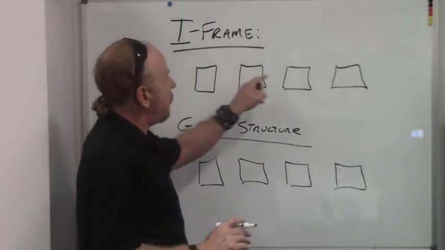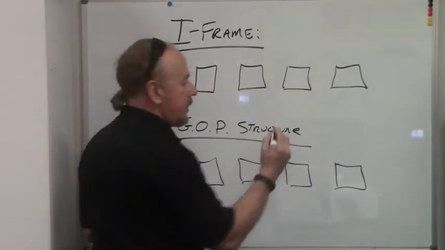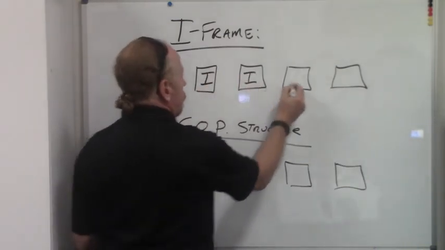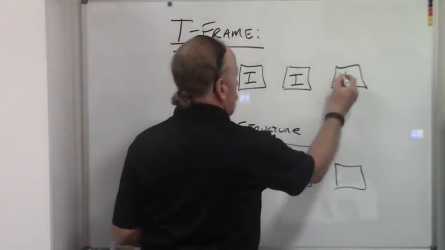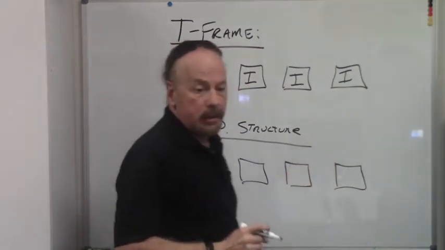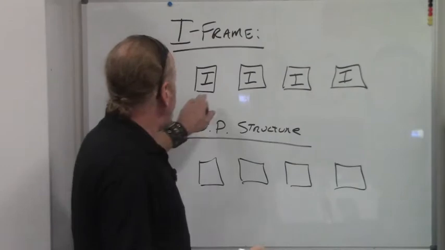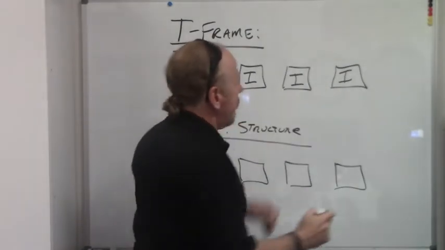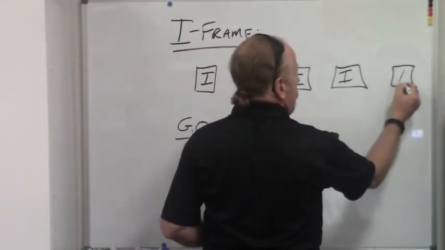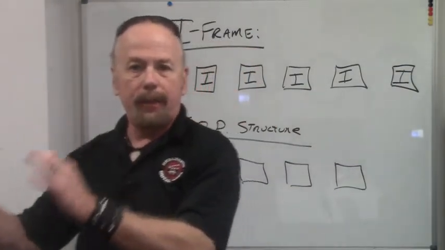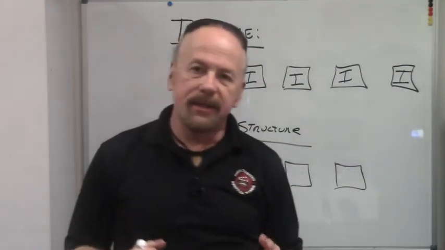Every frame of video, digital processing in iframe video is an iframe. So it's a full picture every time, every frame of video, it's an absolute full picture. What that means is this video is going to be really high quality.